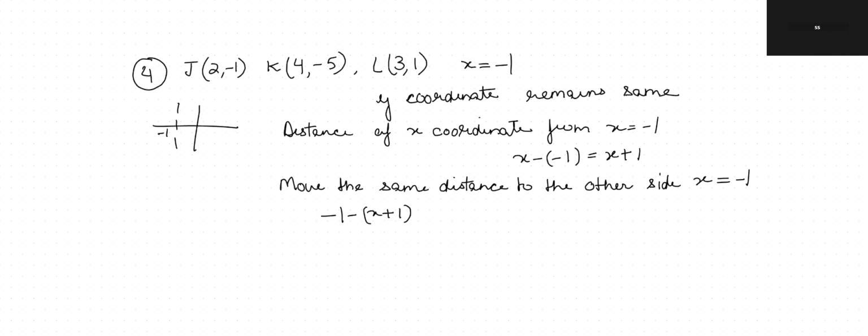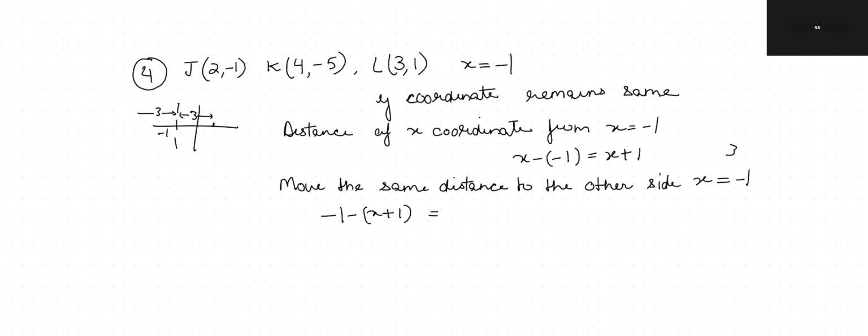Okay. So suppose like this x is 2. So the distance from this would be 2 plus 1, so we will get 3. So distance of 2 will be 3. Right. So if we go back, we have to go back 3 in this direction. Okay.